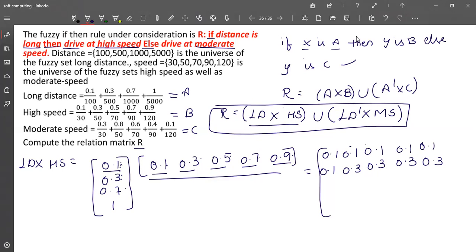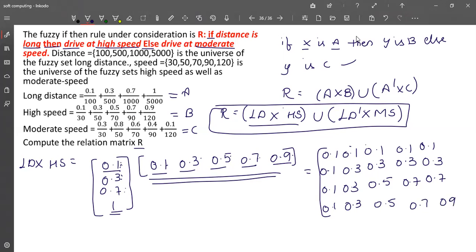Then 0.7 with 0.1 gives 0.1, with 0.3 gives 0.3, with 0.5 gives 0.5, with 0.7 gives 0.7, and with 0.9 gives 0.7. And compared to 1, all these are minimum, so you write 0.1, 0.3, 0.5, 0.7 and 0.9. This is our Cartesian product of long distance and high speed.